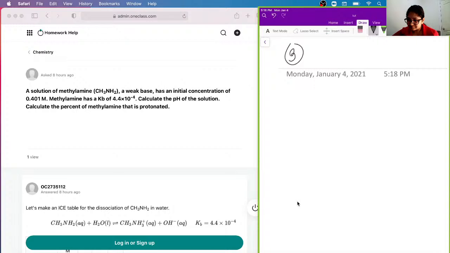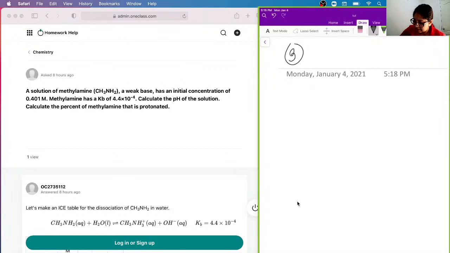Okay, so we are given the molarity, we're given the Kb, and so this is an acid-base equilibrium problem. To do this, let's first write out the equation.